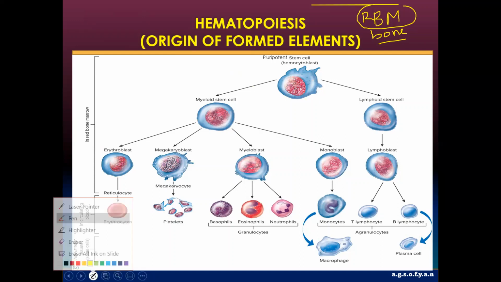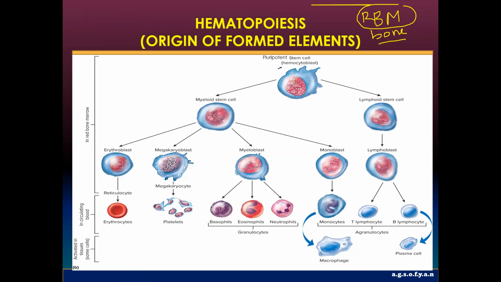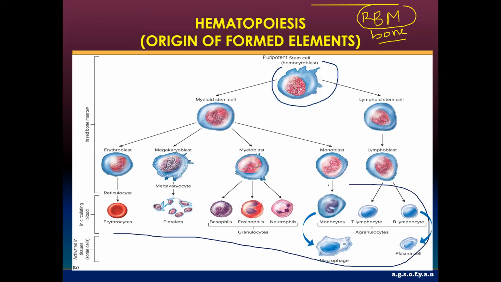Now in the red bone marrow, we have the stem cell. It's called the pluripotent stem cell or hemocytoblast. So this one stem cell can produce these different types of blood cells. This is the reason why it's called pluripotent.